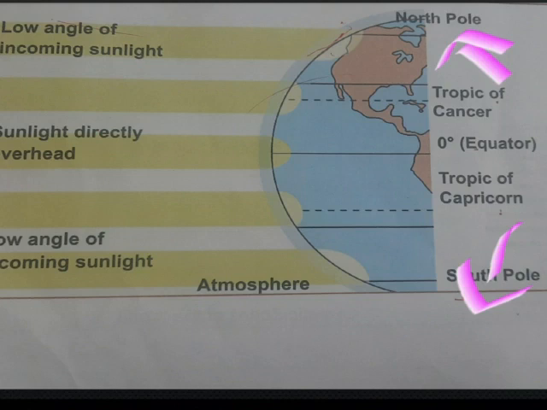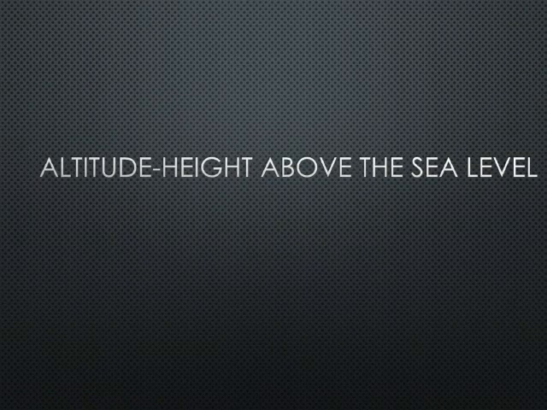The places nearer to the equator receive more heat and the places near the poles are colder. Children, I hope you have understood the first factor, distance from the equator. Let us move to the second factor, that is altitude, height above the sea level.